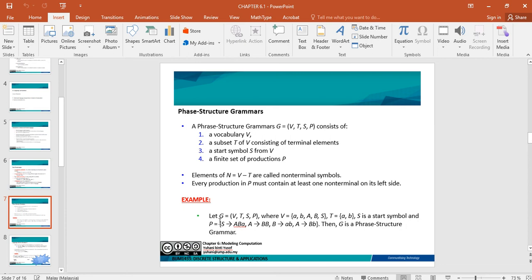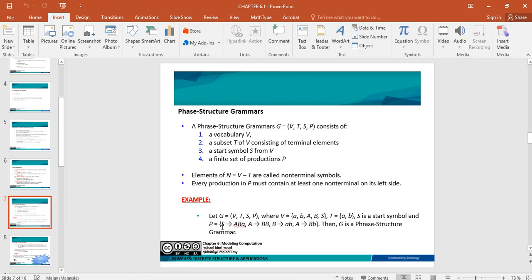A phrase structure grammar needs to have four items: V, T, S, P. This is your V, this is your terminal, usually denoted by small letters. S is your starting symbol, and this is an example of production.